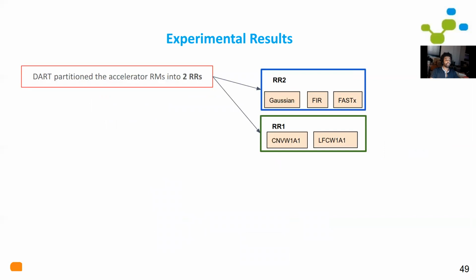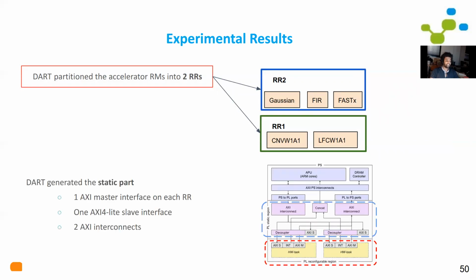Okay, now we go to the results. Dart, based on the timing inputs, partitioned the design into 2 reconfigurable regions. In the first reconfigurable region, there were the 2 hardware accelerators for the neural networks, and in the second reconfigurable region, there were the 3 IP accelerators.